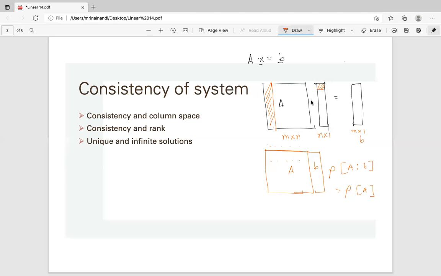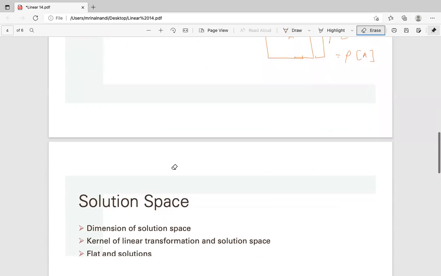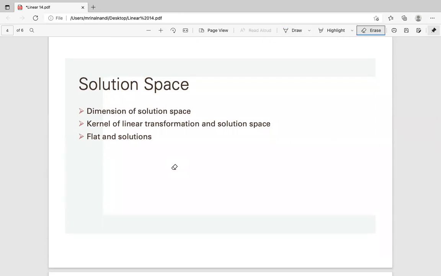So this uniqueness comes from the dependency and independency of the columns. Now coming back to the solution space. What is the dimension of the solution space for a homogeneous equation? The solution space is a subspace of F^n.